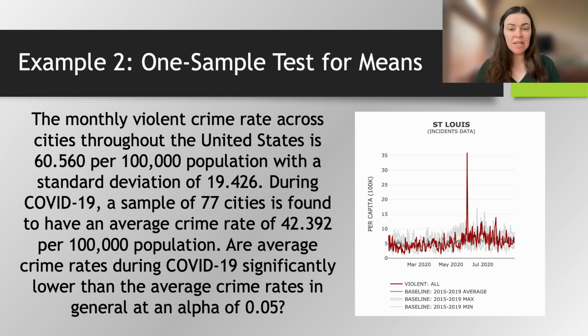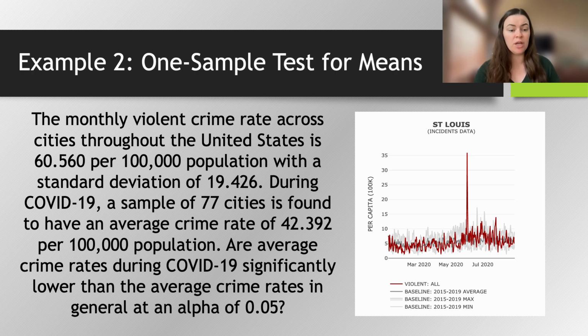So now that we've completed an example for a one sample hypothesis test for proportions, let's go ahead and do the same thing but using means. The monthly violent crime rate across cities throughout the United States is 60.56 per 100,000 population, with a standard deviation of 19.426. During COVID-19, a sample of 77 cities is found to have an average crime rate of 42.392 per 100,000 population.